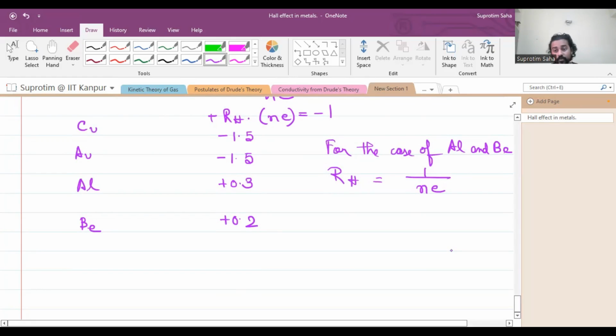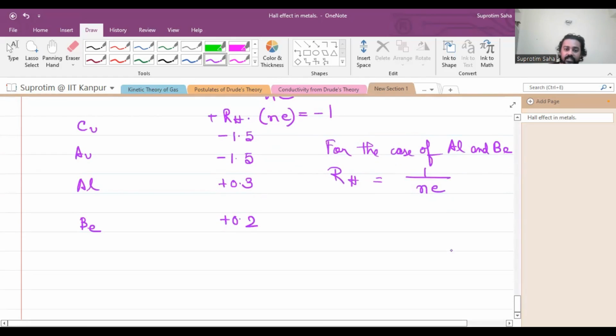As we go deep into this lecture, I'll make this point clear: this was one of the failures of the Drude theory, that it predicted only that the negatively charged electrons are the charge carriers. So it was a major drawback of the Drude theory.